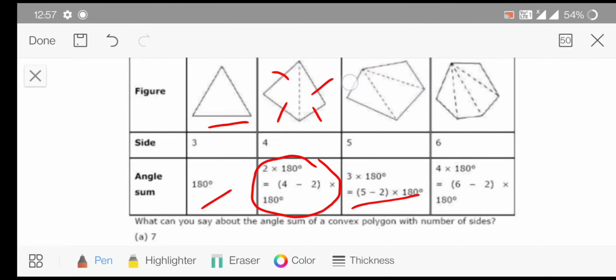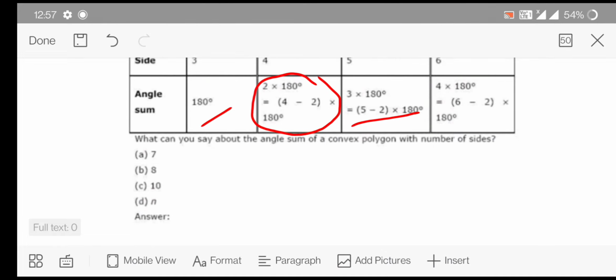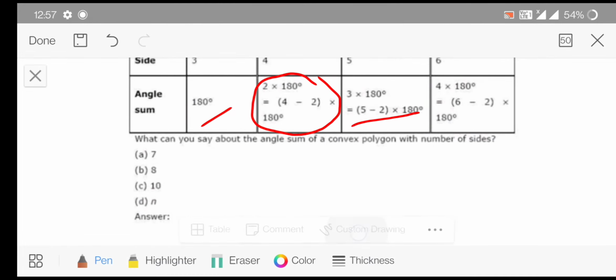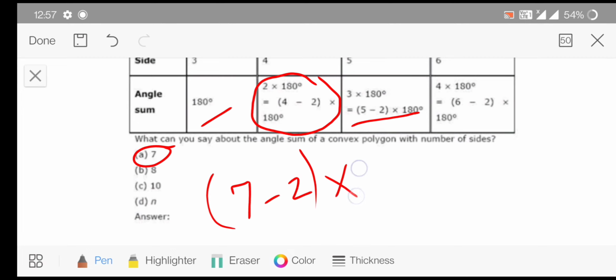Similarly here the number of sides are 5: 1, 2, 3, 4 and 5. So number of sides minus 2 into 180. So same thing you have to follow for the given questions. So suppose 7, this 7 is the number of sides. So number of sides minus 2 into 180.